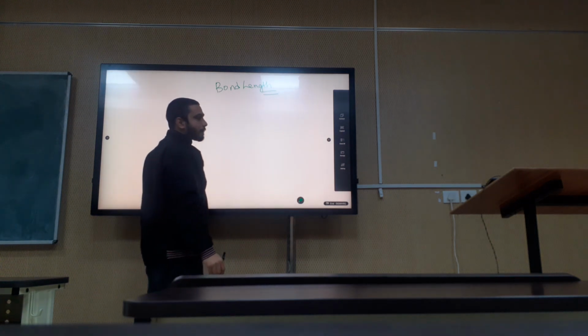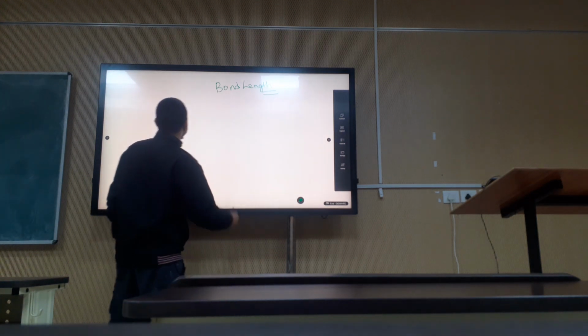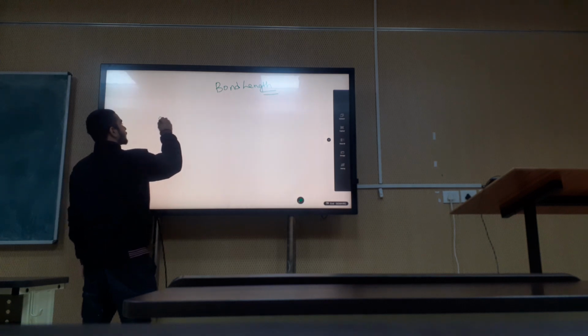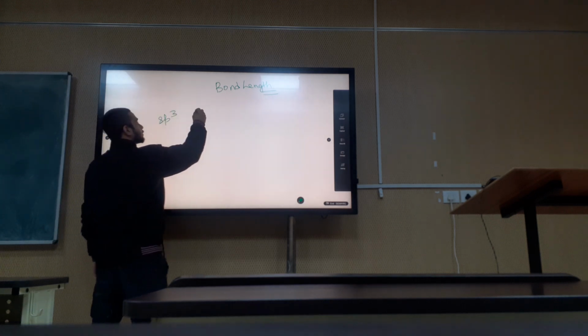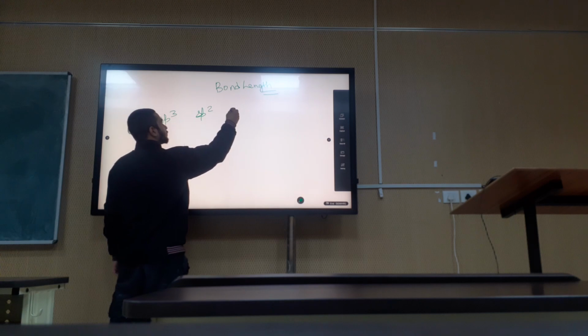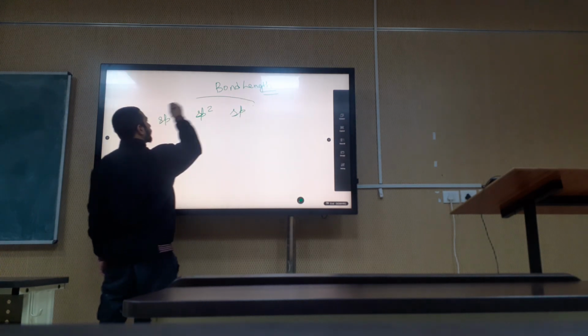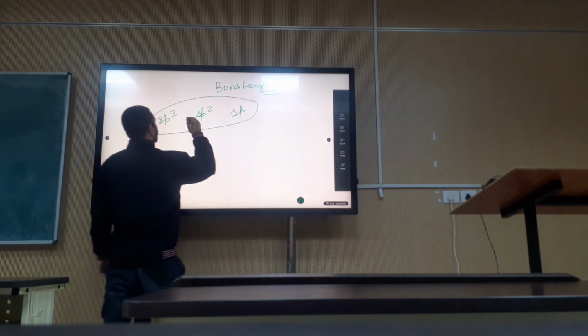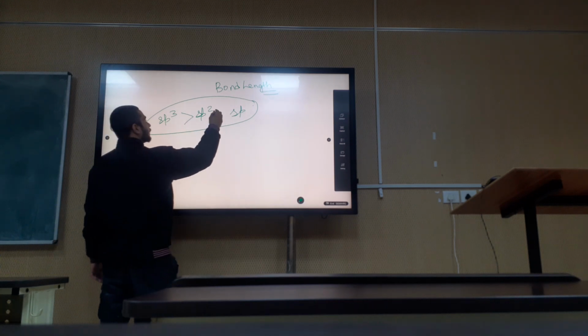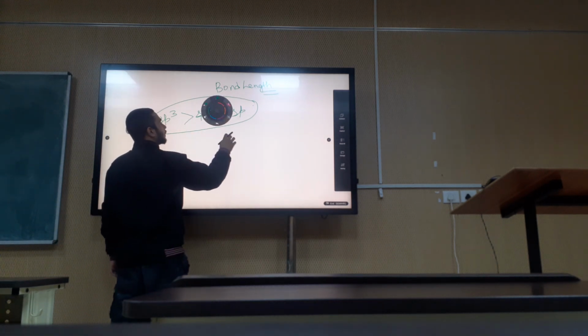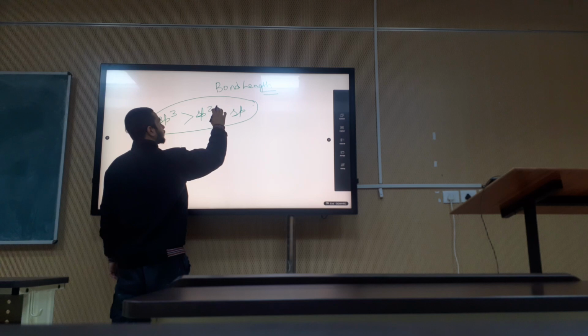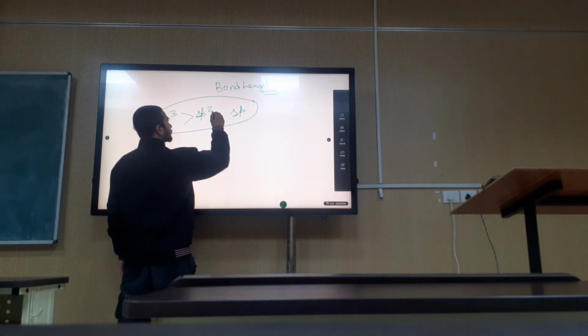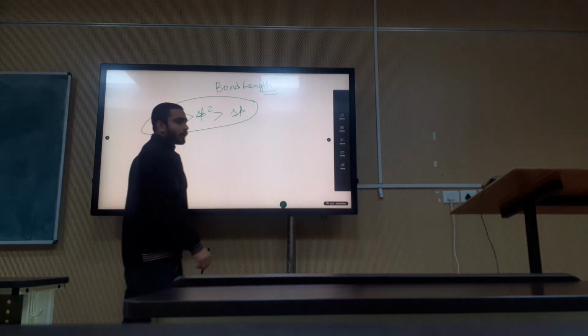Bond length. Okay, so how will we describe it? Suppose there is one hybridization which is sp3, this is sp2 and this is sp. So bond length is largest for sp3 and sp has the smallest bond length.